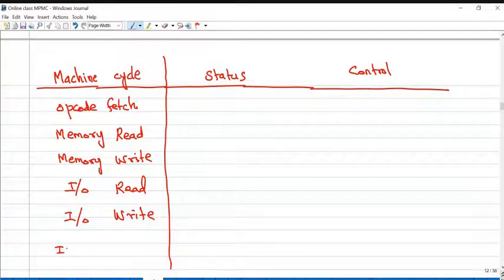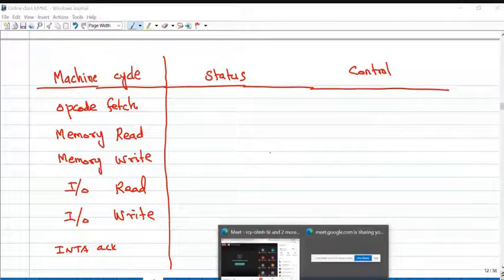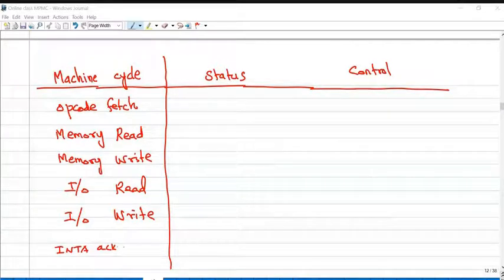Apart from this, there are INTA acknowledgement and bus idle.